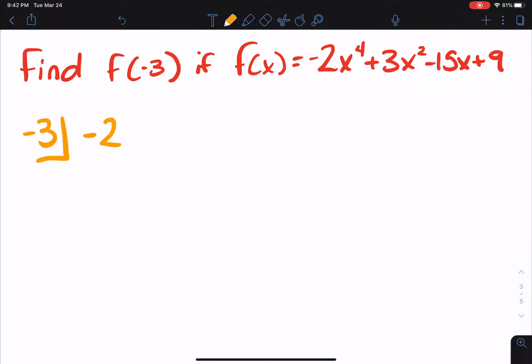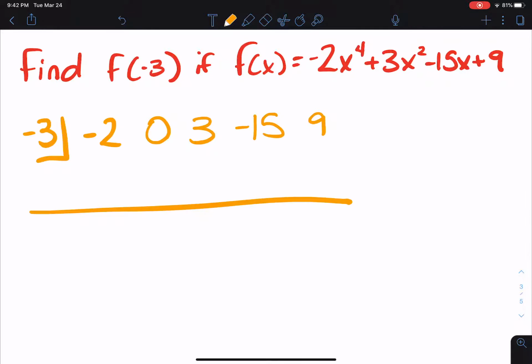If there's no x to the 3rd, we should write a 0. And then x to the 2nd, we have a 3 as a coefficient. X to the 1st, we have a negative 15, and then 9. Okay, and then we want to use our synthetic division skills and synthetic substitution and figure this out. So let's see what our remainder comes out to be.